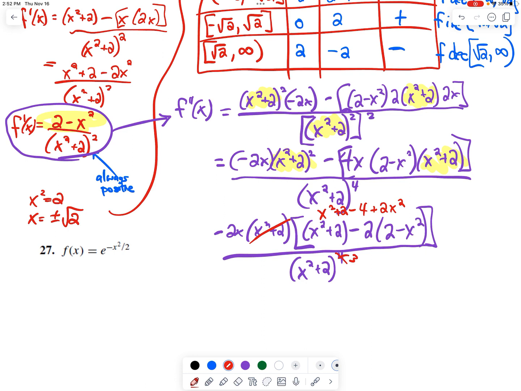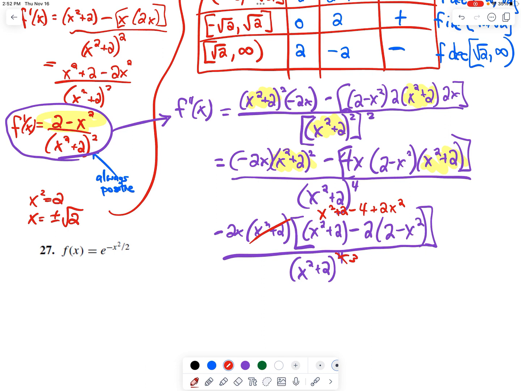x squared plus 2 plus, man, I know you might be screaming at me, where did I find x squared plus 2? Should I have a positive in there?